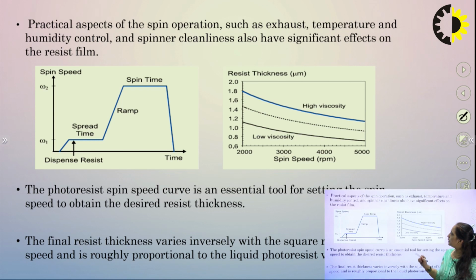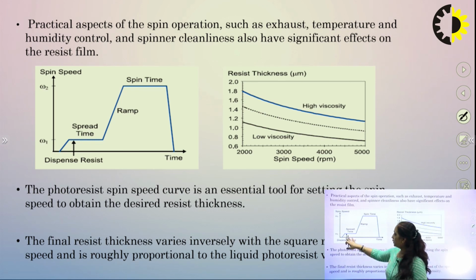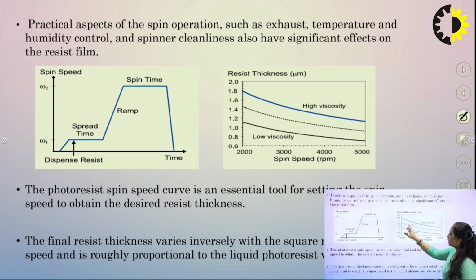So here we can see the spread time and then the spin time. Spin time is more compared to the spread time, and here we can see the photoresist thickness. If you have a very high viscosity, the thickness will decrease gradually, and with a low viscosity material it will also decrease gradually if you increase the spin speed.